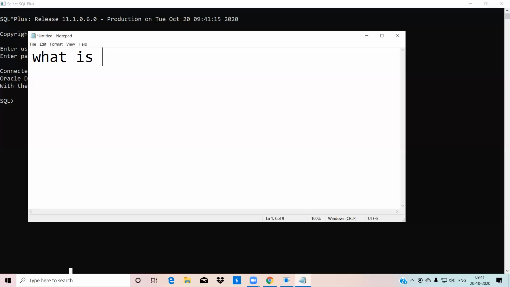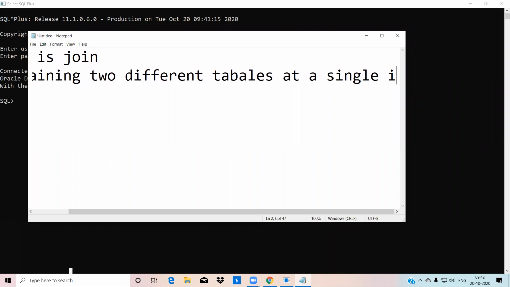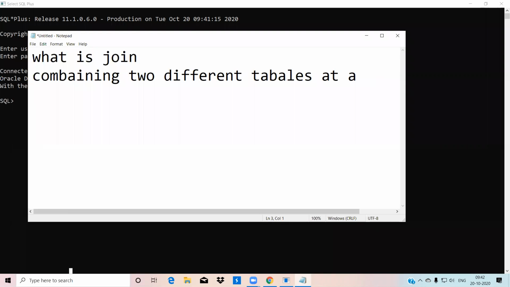What is a join? A join is a connection, or combining of two different tables at a single instance of time.